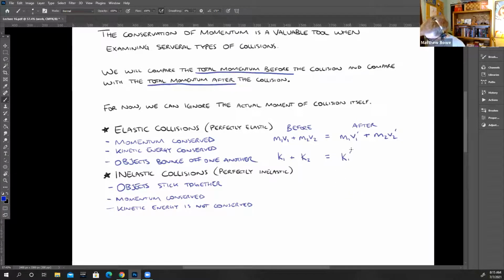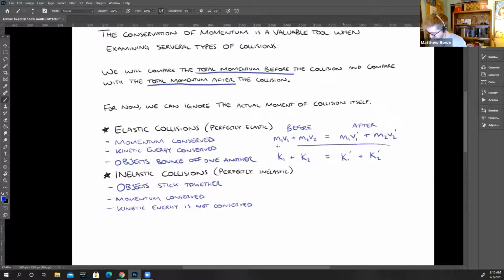So I'm just going to say kinetic energy 1 prime, kinetic energy 2 prime. This is how you can approach, I'll say, 90% of collision problems: just setting up the total momentum before and total momentum after.